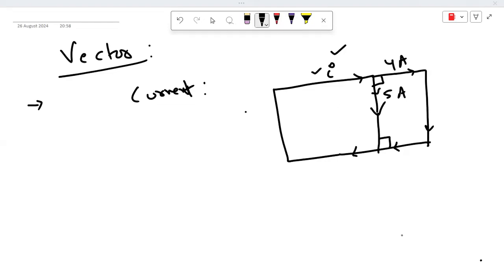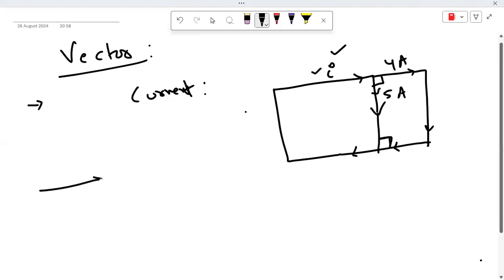Any other answers? Sir, 9. But they are making a 90-degree angle.